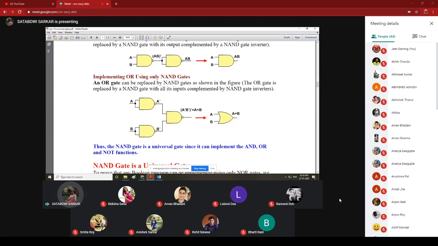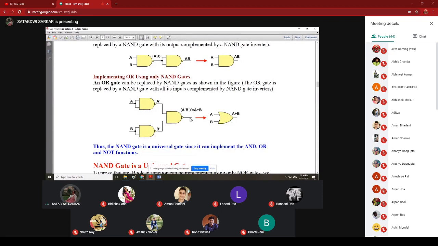Here we are again passing the B input, and we are getting the B complement, or B bar, output. And again we are passing this A bar and B bar as input to this third NAND gate. Then we are getting A bar dot B bar, and whole complement.